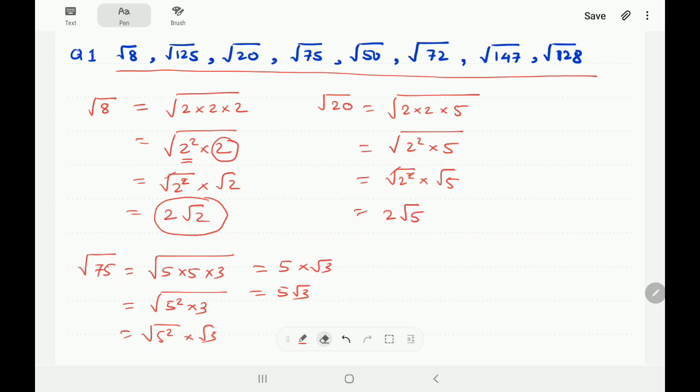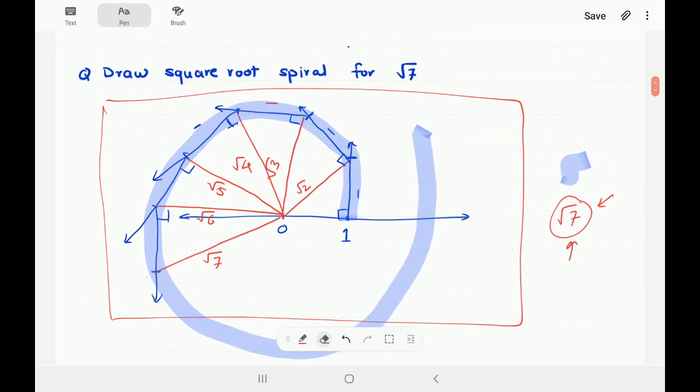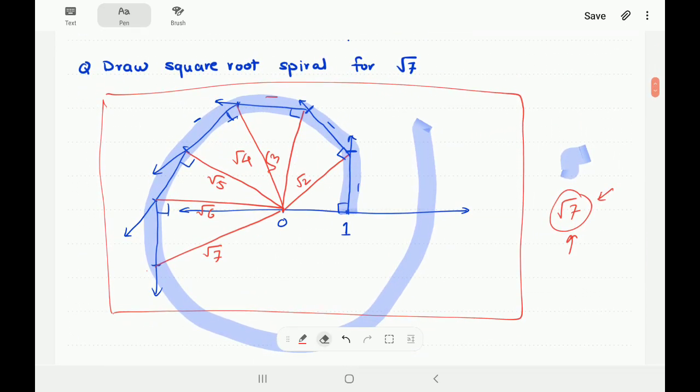Clear? So now, in the same way, you have to try all these questions today, as well as construct a square root spiral. This question you have to complete; I think it is question number 13. Question number 13: draw the square root spiral for root 7.